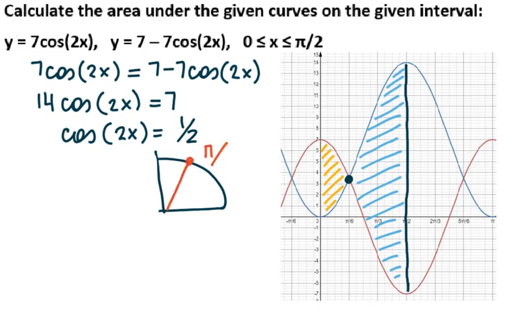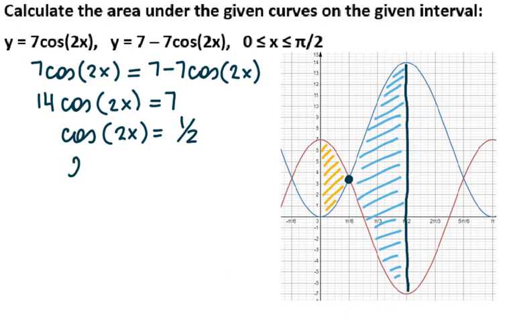So for pi over 3, on the x-axis I would have 1/2, and on the y-axis I would have the square root of 3 over 2, and my x-axis is the cosine. So arc cosine of 1/2 in the first quadrant would be pi over 3.